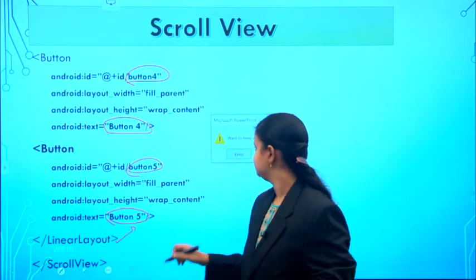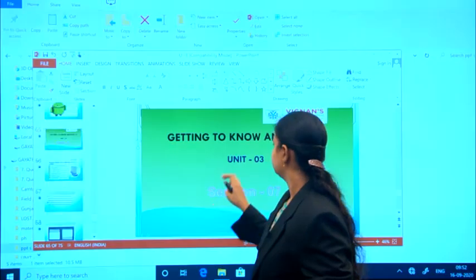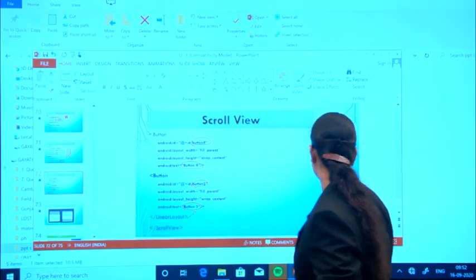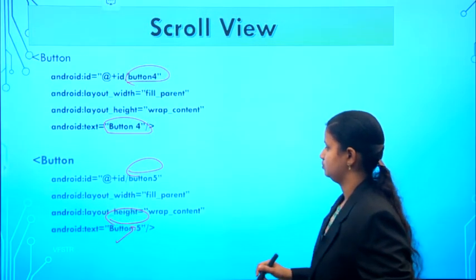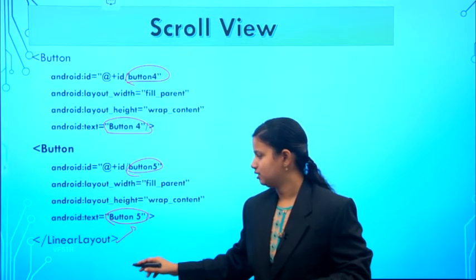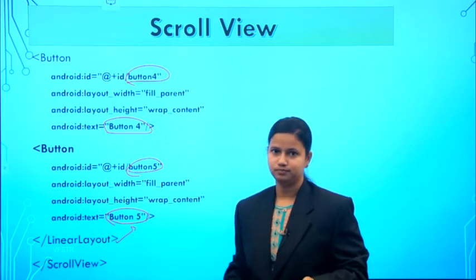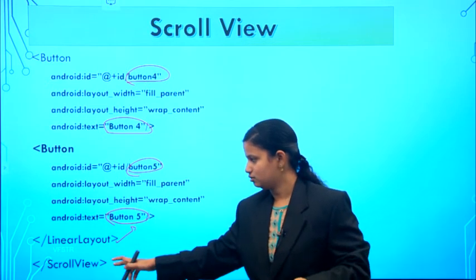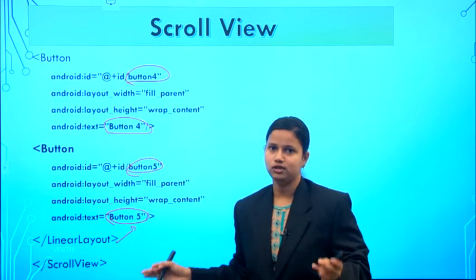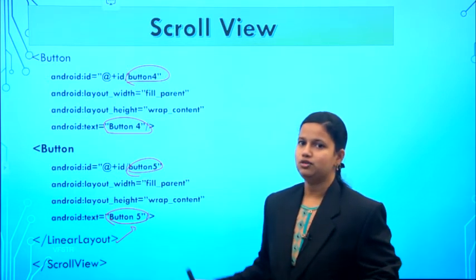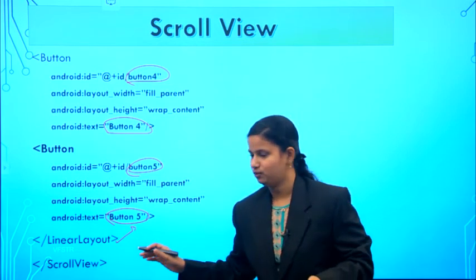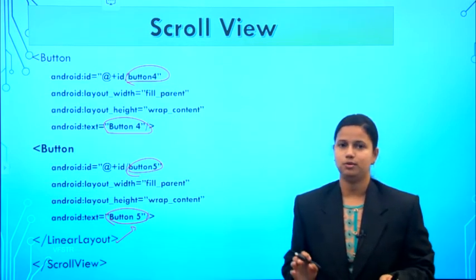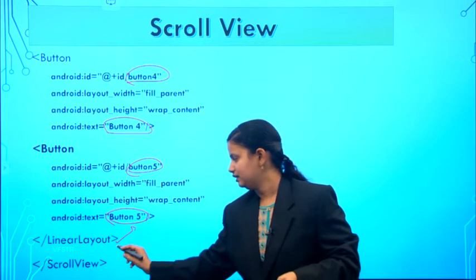If you observe this one, the scroll view is also closed. So the scroll view is only allocated to this part. What is the part? The scroll view will only display the contents that are presented within the linear layout.